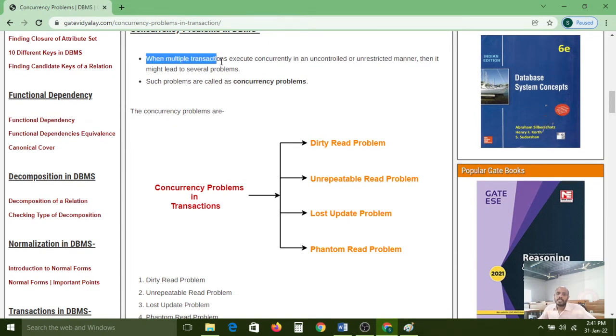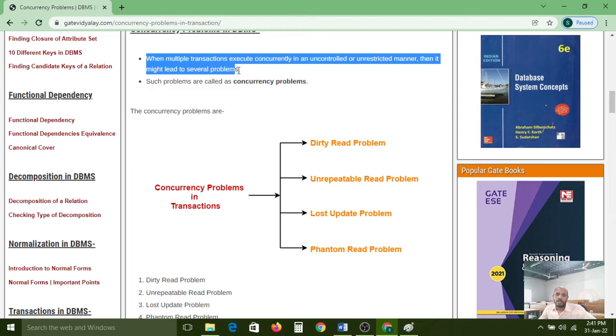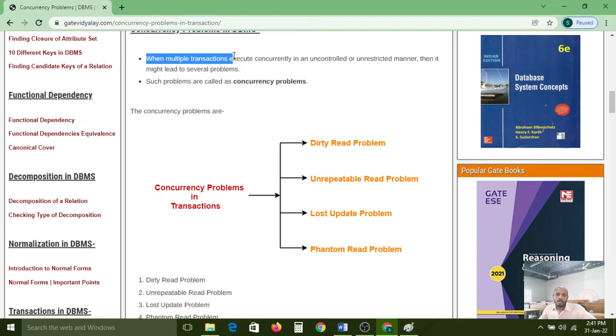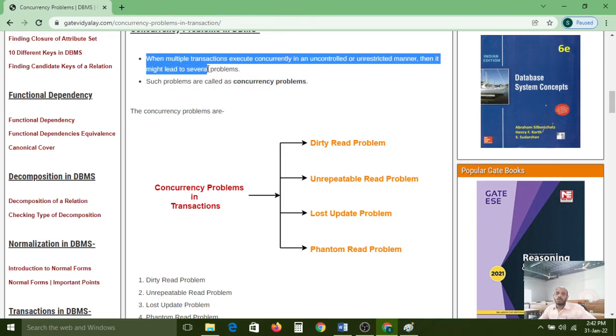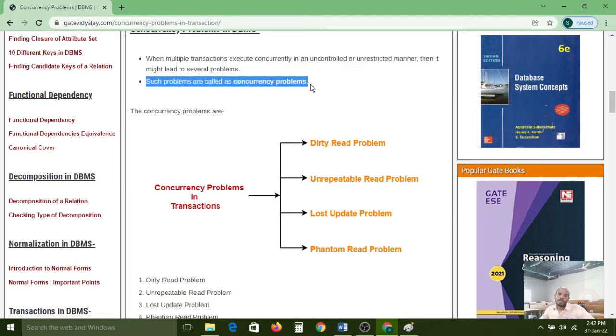When multiple transactions execute concurrently in an uncontrolled or unrestricted manner, it might lead to several problems. Such problems are called concurrency problems, and such transactions are called concurrent transactions.